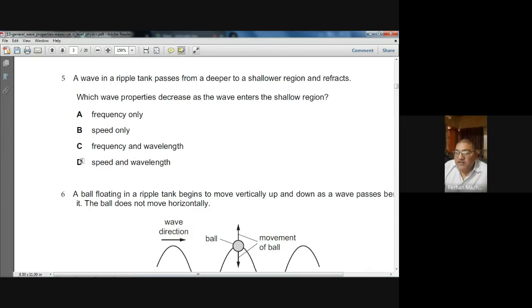So D is the option. When water waves enter from deep water to shallow water, the wavelength decreases, the speed decreases, the frequency remains unchanged. So D is the choice.